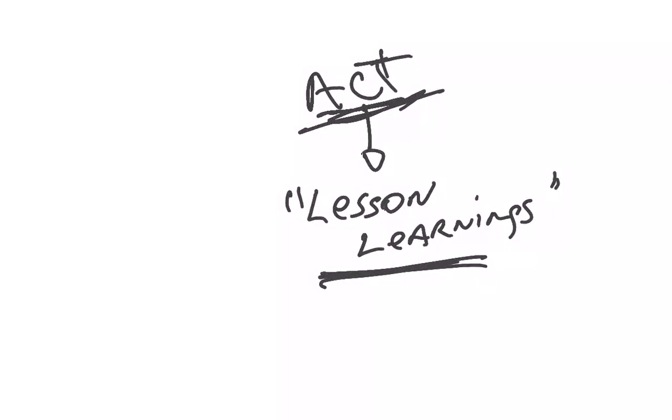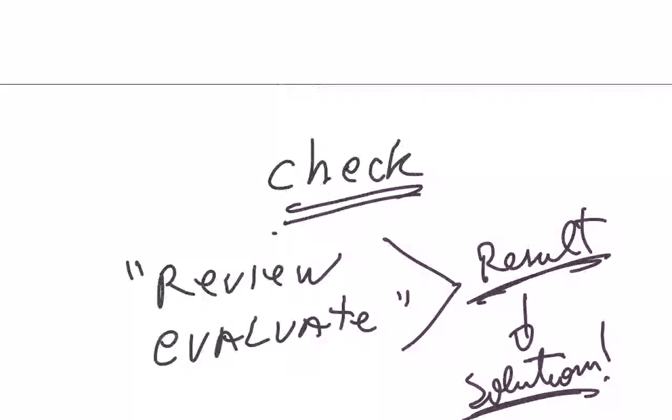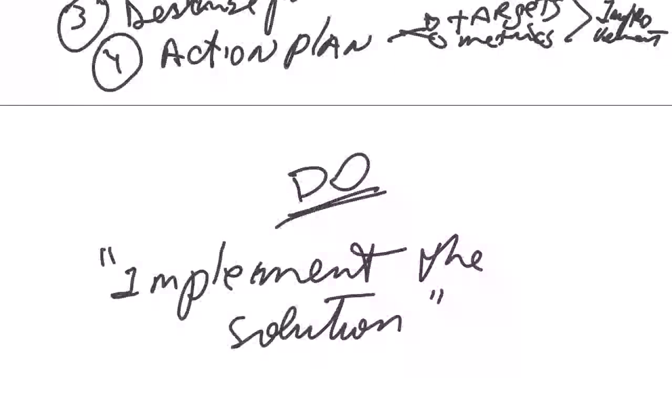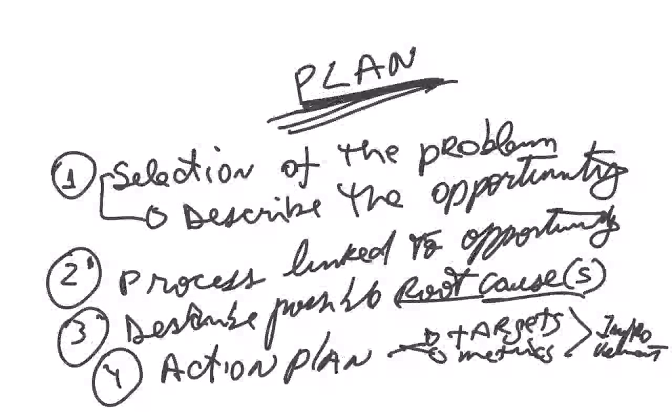So depending on your formal process structure, step one, which I'm coming back to now, which is the plan, of selecting the problem or process to be addressed and then describing the improvement opportunity. In this first task, remember what you have to look for.